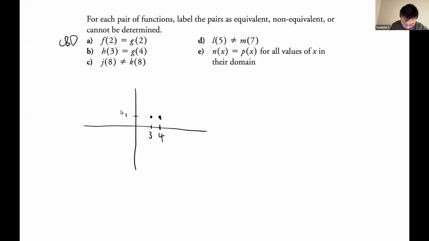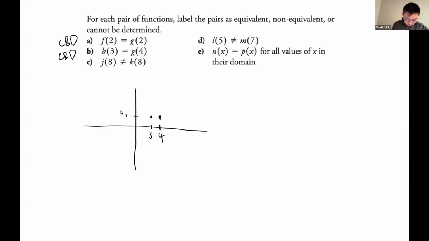Again, you could have two different functions. Like you could have a linear function, a system of equations that looks something like this. But you could actually also have maybe a parabola, and you have two of the same parabolas, and so both functions would be equal. But the point here is that you don't know for sure which is which. You can't say for sure that they're equivalent or non-equivalent. So again, cannot be determined.